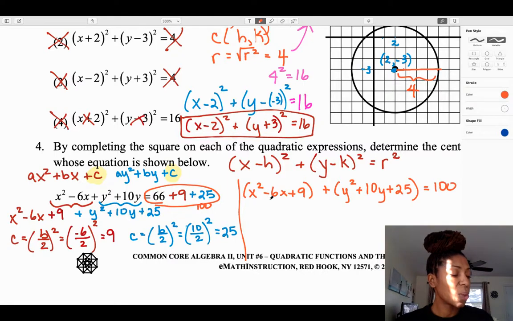And now we're going to rewrite these perfect square trinomials as a binomial squared.